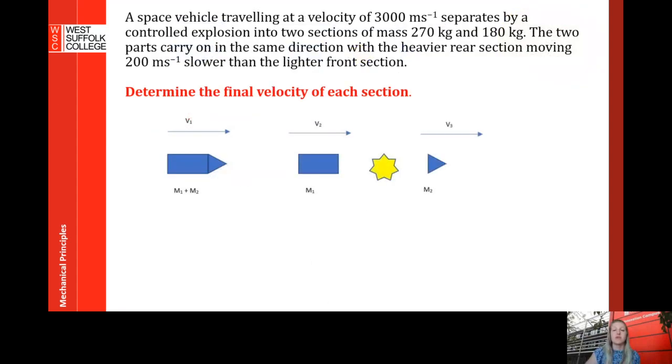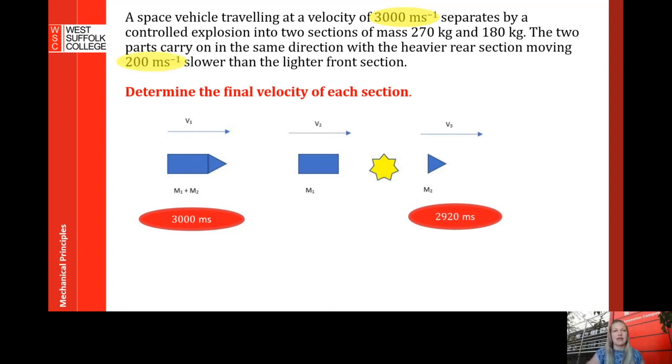Looking back on our question, we can then quickly label our schematic. Initially we have been told that the initial combined velocity is 3,000 in the question, which I can label on my diagram now. I have also now worked out what my V3 is from the equation that we first did, which happens to be 2,920 meters per second.